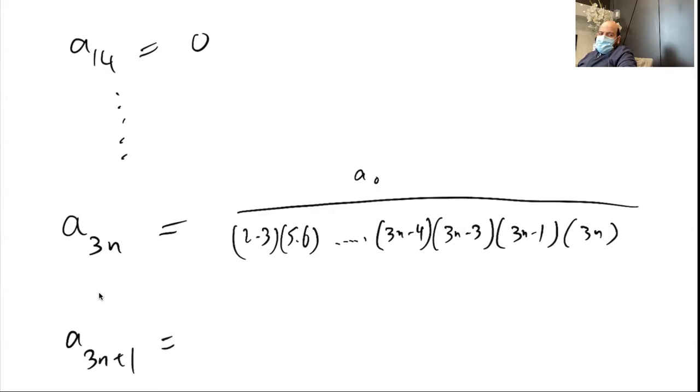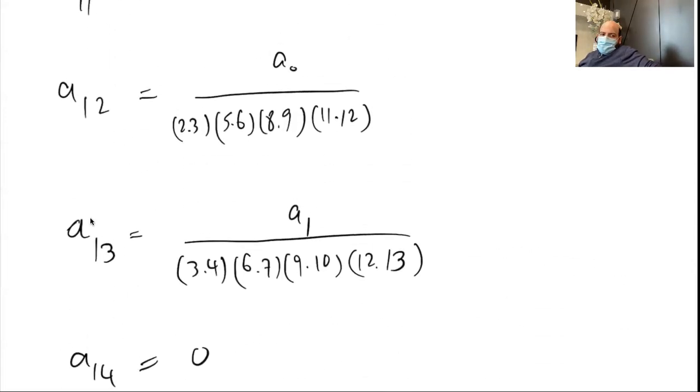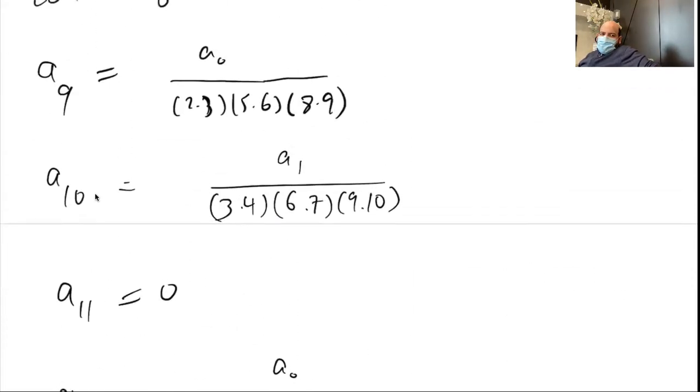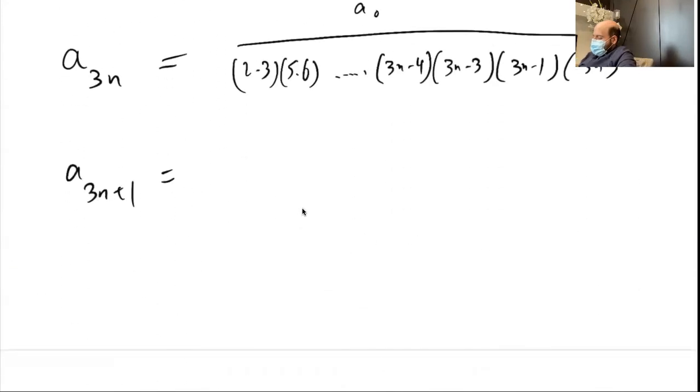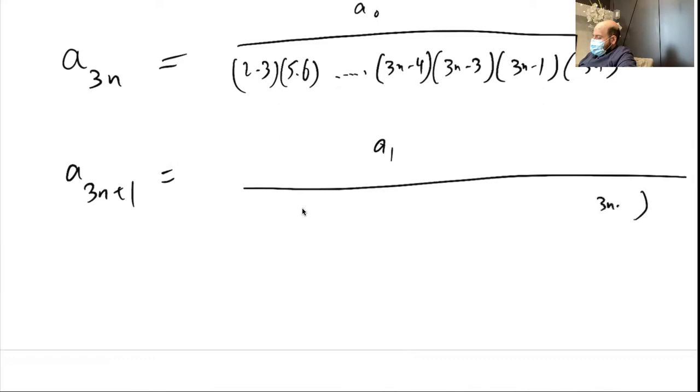Now for A3n plus 1. If the index is a multiple of 3 plus 1, like 13 or 10, these indices have a 1 in the numerator. So A1 over, and what will be the denominator? As we said, the last number in the denominator matches the index. The one before it is 3n.